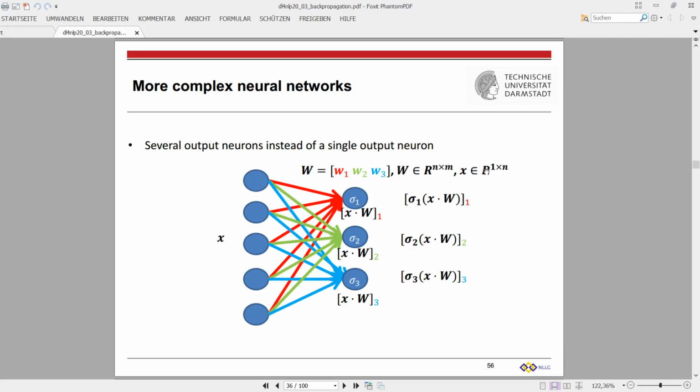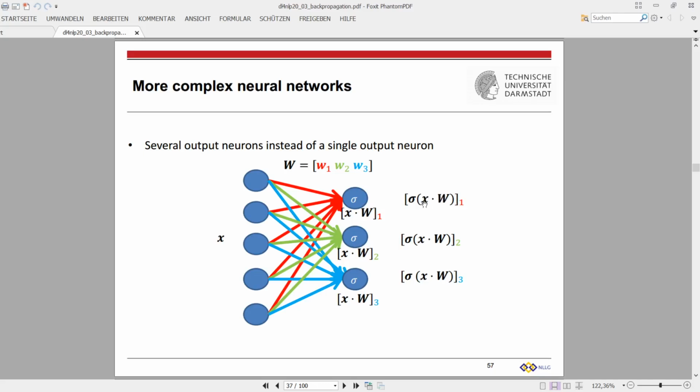And the input vector we consider to be a row vector of size 1 times n. And then if we go to matrix notation, we could do the calculation like this. I think we also changed it here so that all of the output units have the same activation function.